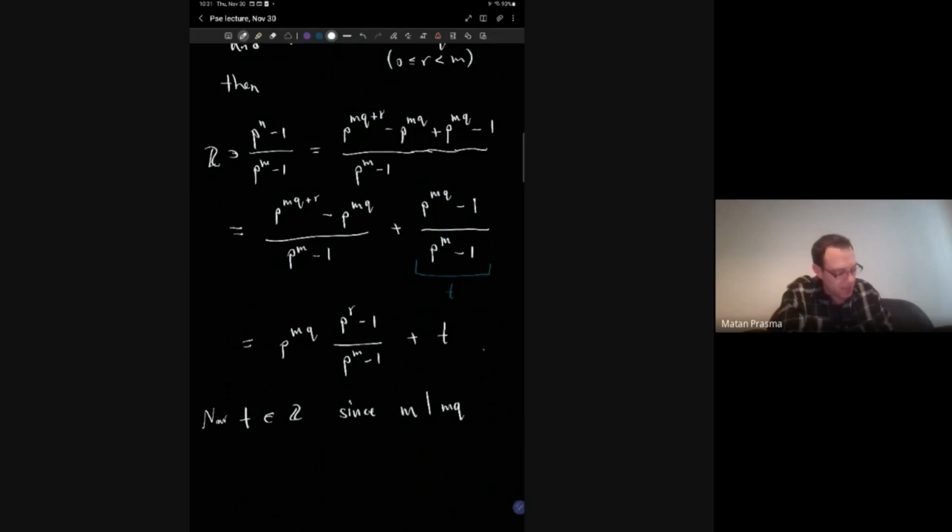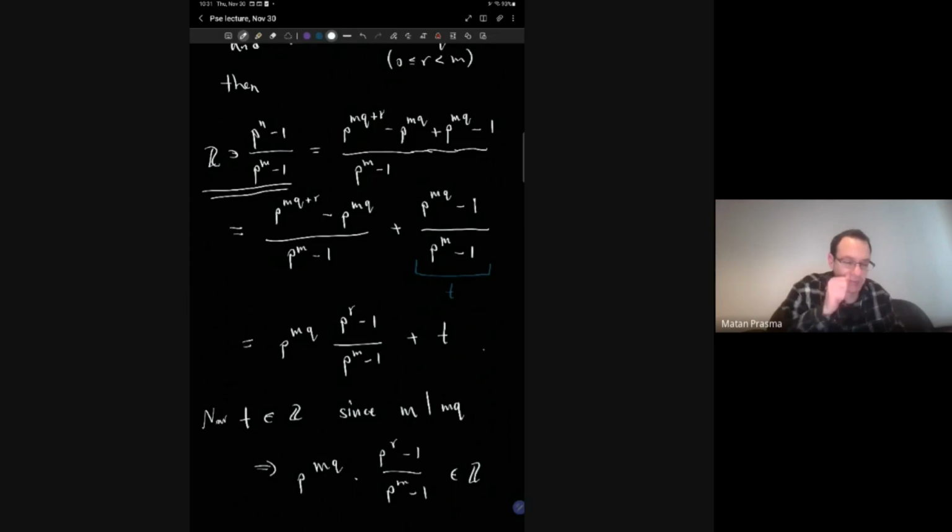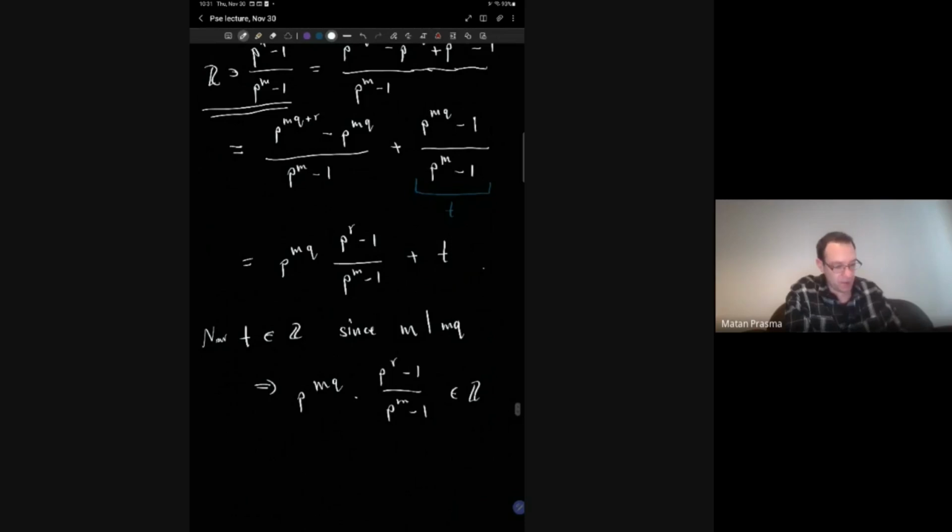If t is in z, it means that p to the mq times p to the r minus 1 divided by p to the m minus 1 is also in z. Right? Because the initial expression was an integer. And this means that p to the m minus 1 divides p to the r minus 1.